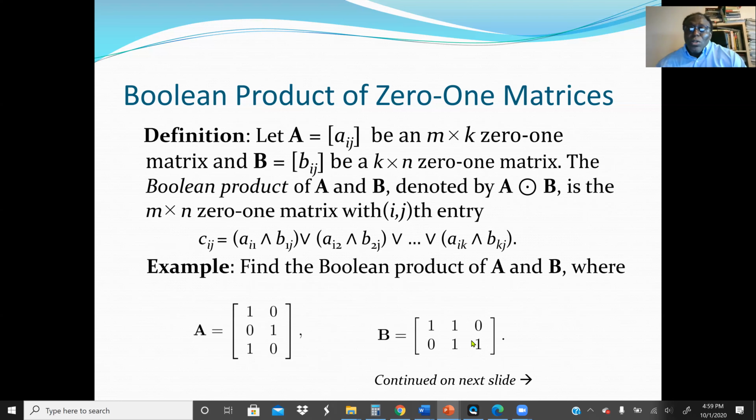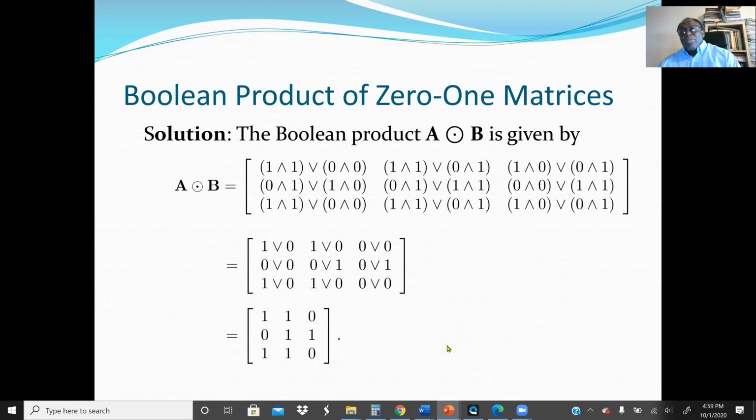Let's try one more. Let's go to the second row, second column. So 0 times 1, disjunction, 1 times 1. After we finish all, we can do the first one. 1 and 1 is 1. 0 and 0 is 0. So we get 1 or 0, which gives me 1.